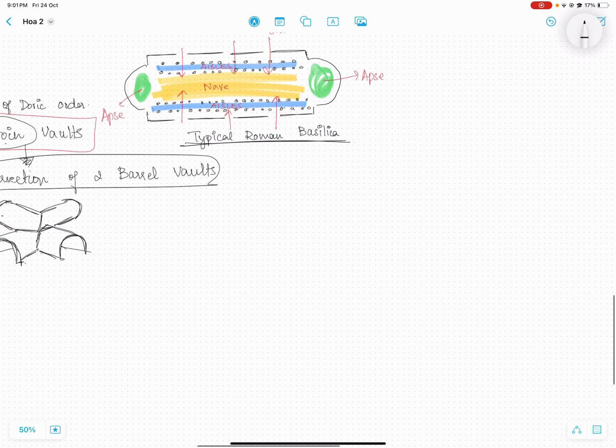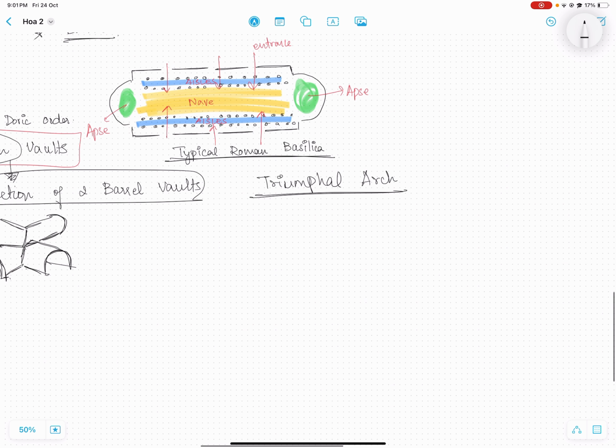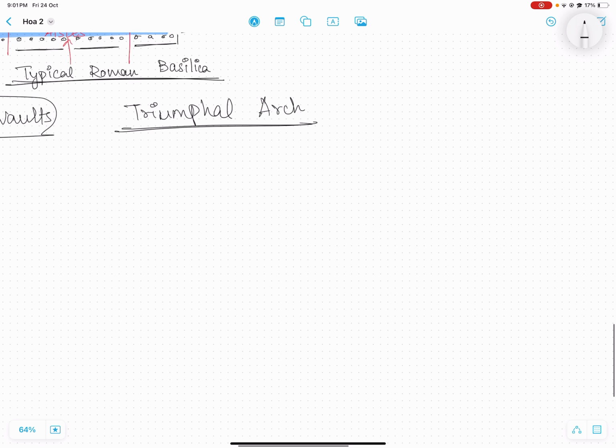Then they had the triumphal arch, which was a single standing gateway or archway used to commemorate victories and honor people and other such things.